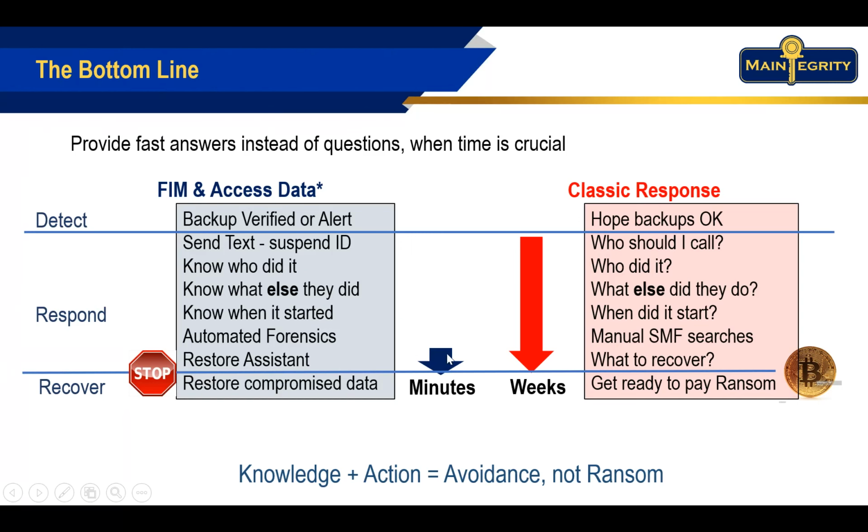Why is that? Because we're identifying things in real time to start with, so we know a lot sooner. Then we actually send a text. It doesn't take any time, so I can click on that text, and right away, as a responder, I can know who did it.